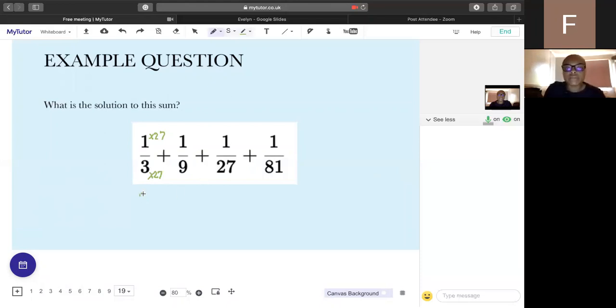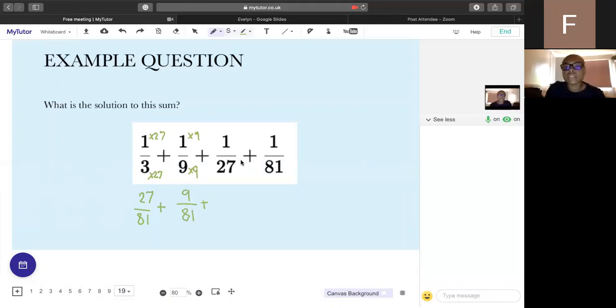So here we could write this as 27 over 81. Our next one, 1 over 9, we know that 9 times 9 gives us 81, so we need to multiply our 1 by 9. So we've got 9 over 81.